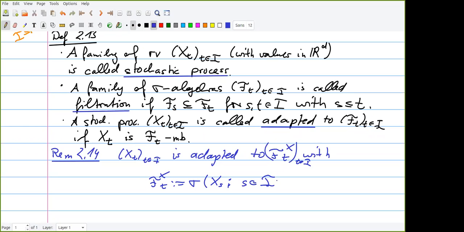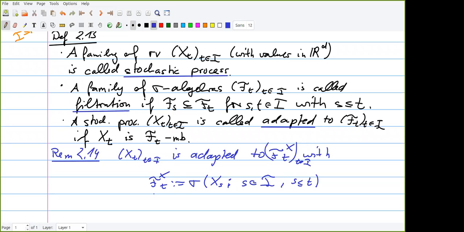So every stochastic process, like the price process in the binomial model, generates a filtration. And of course, this process is adapted by the definition of the generated filtration to this filtration.